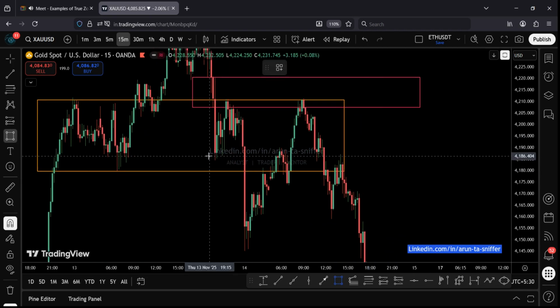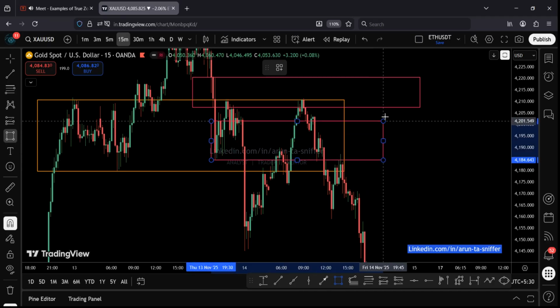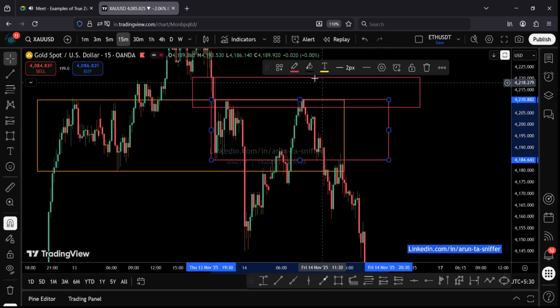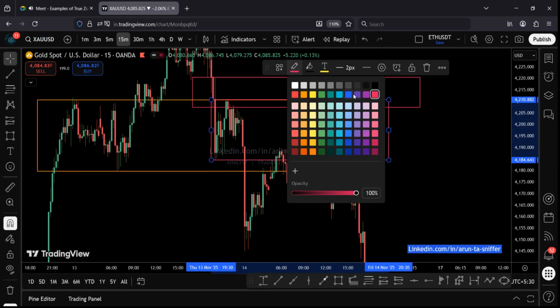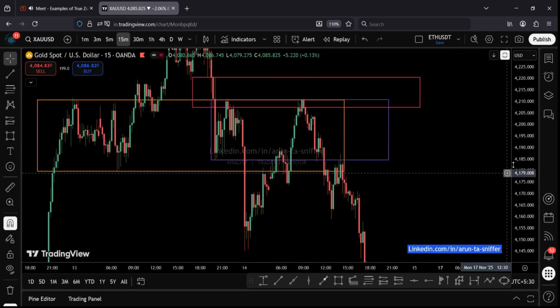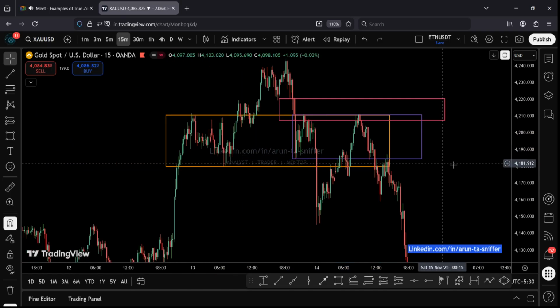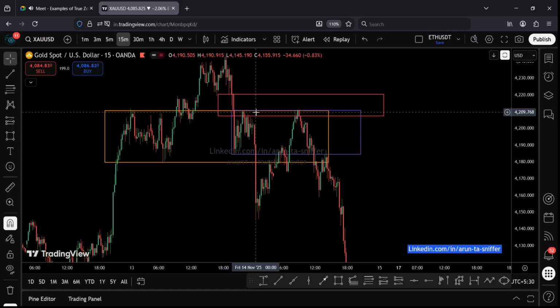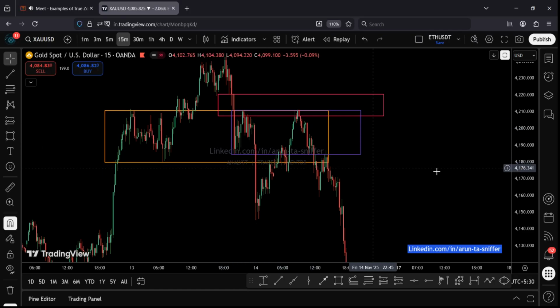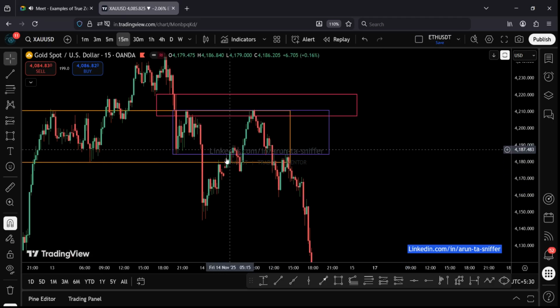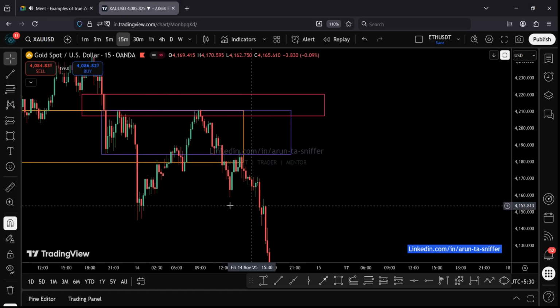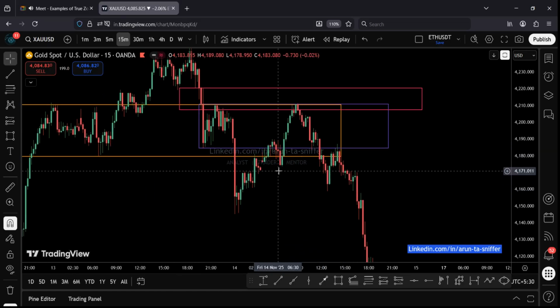So this one is engulfed by this. Let's color this one. This has been also engulfed. So what will be the minimum target here? Minimum target will be this zone. This is the DP here.